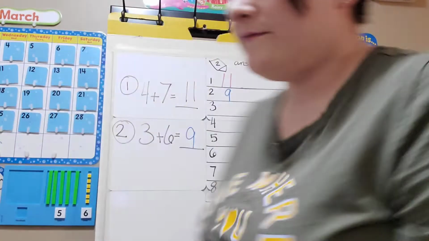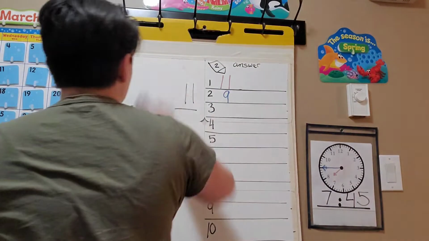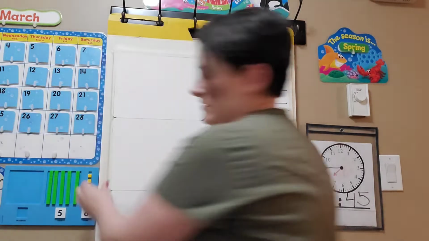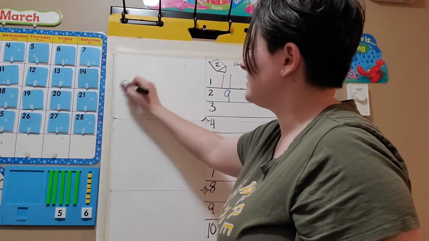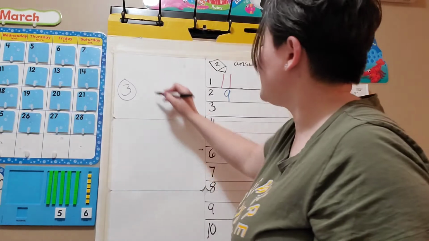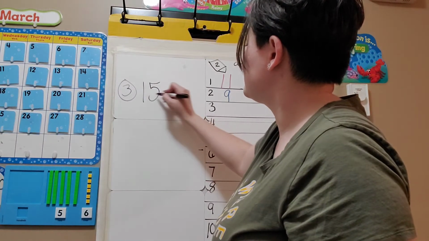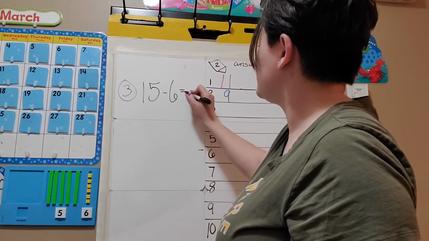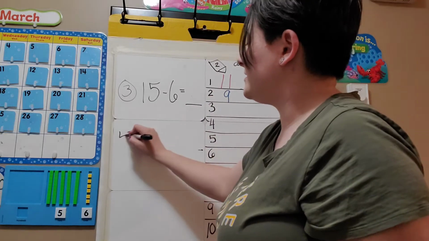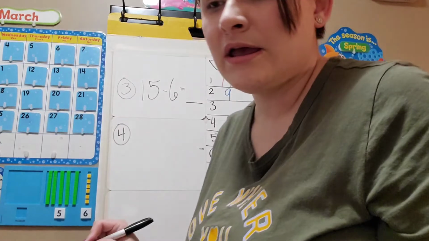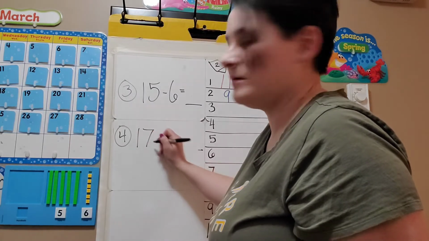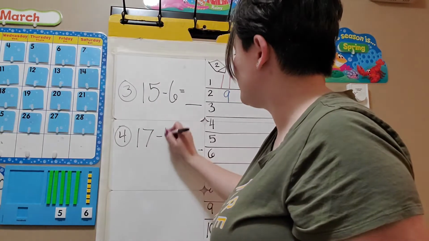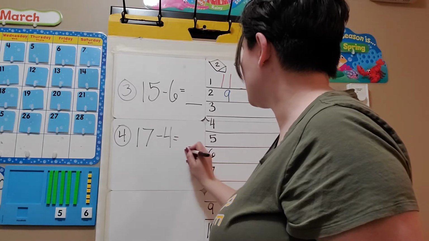Number 3 and 4 are subtraction problems. Number 3, 15 minus 6 equals blank. And number 4 is 17 minus 4 equals blank.